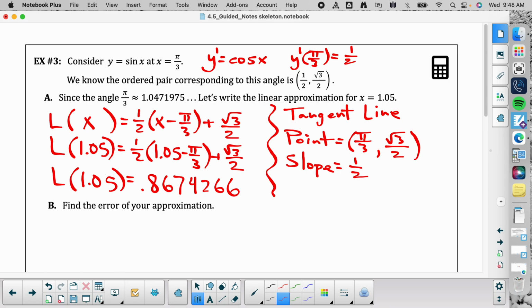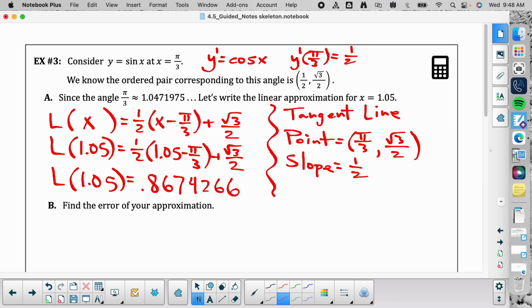The point would be the x value, and then the y value is going to be sine of pi thirds. You can find sine of pi thirds different ways. They gave us the unit circle info right here so that you wouldn't have to figure it out or look it up for some reason.